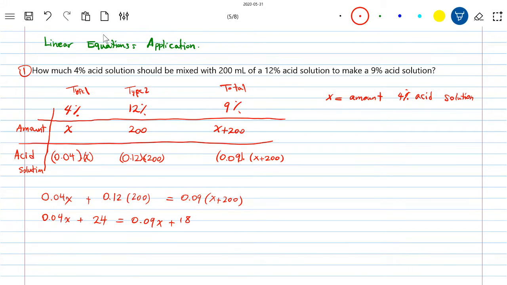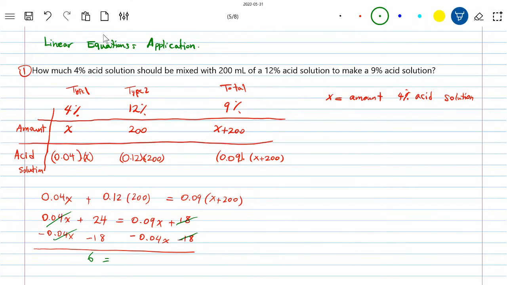So now I'm going to move all the x's to one side. So let's subtract 0.04x from both sides and subtract 18 as well. I'm going to move the x's to one side and the constants to the other side. This way I did two steps at the same time. So these two will cancel out. These two will cancel out. Left side only turns out to be a constant, 24 minus 18, which is 6.